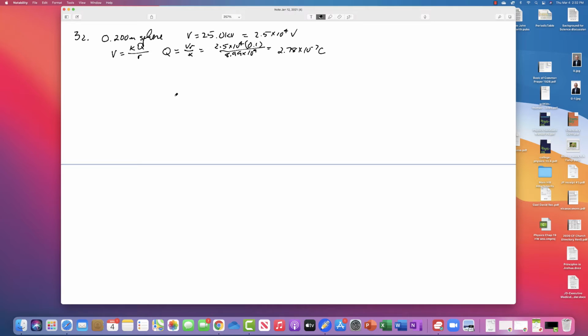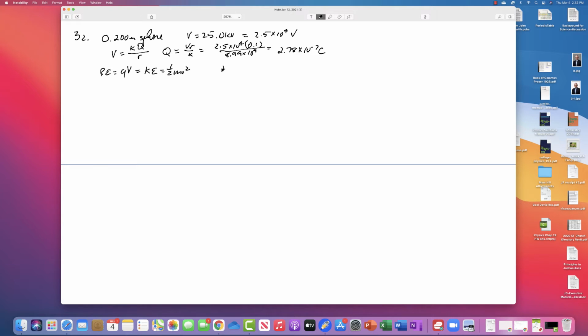Now the other question here is, what charge does the paint have to have in order for it to have this velocity? Well, what that means is the electric potential energy of the paint, which is QV, has to equal the kinetic energy of the paint, which is 1/2 mv squared.